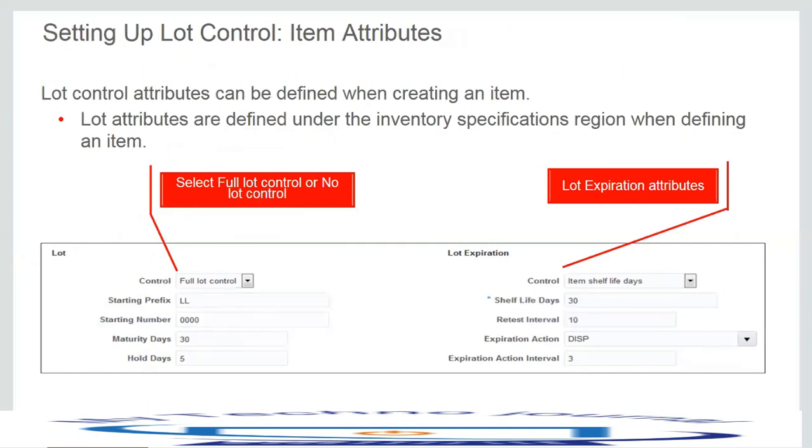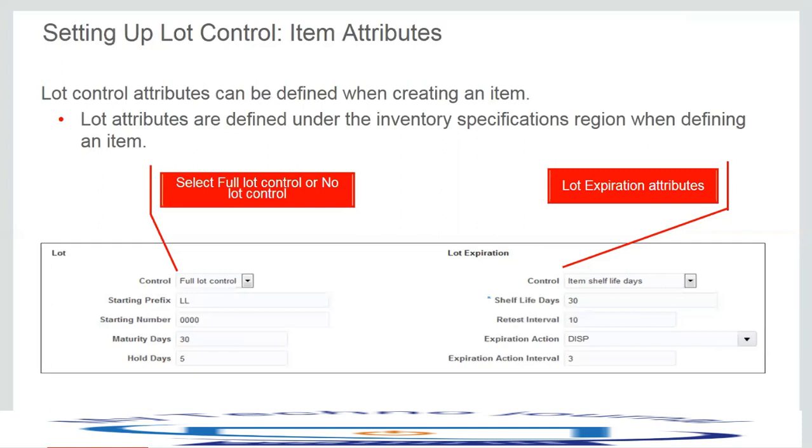We can establish lot control for an item when you define it. If you choose full lot control, then you must assign lot numbers when you receive the item into inventory. After that, whenever you do any transaction for that item, you need to provide a lot number for every transaction.